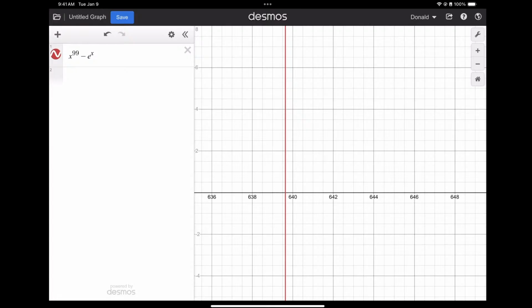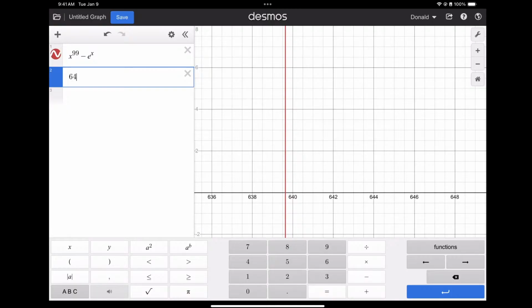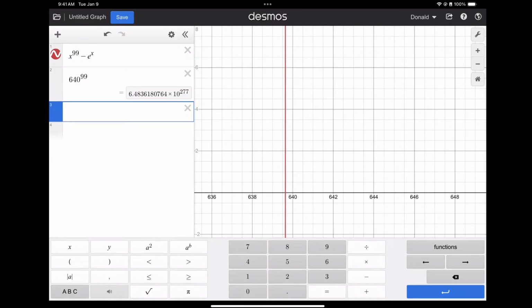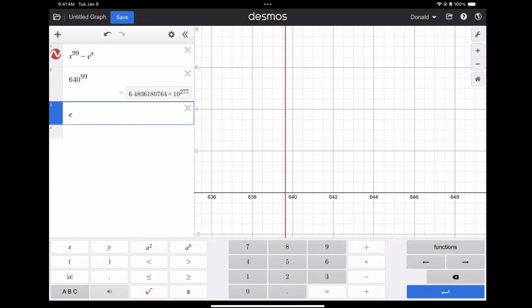So 640 to the 99 power versus e to the 640. Yep, e to the 640 is slightly larger.